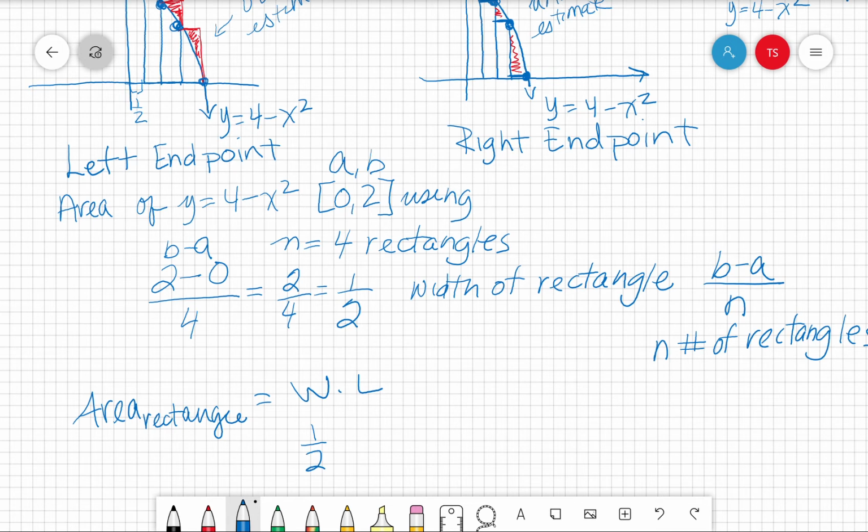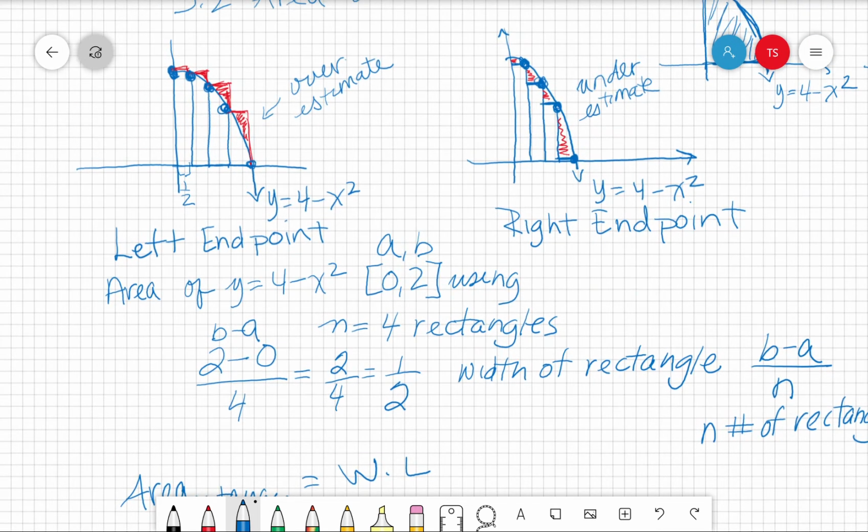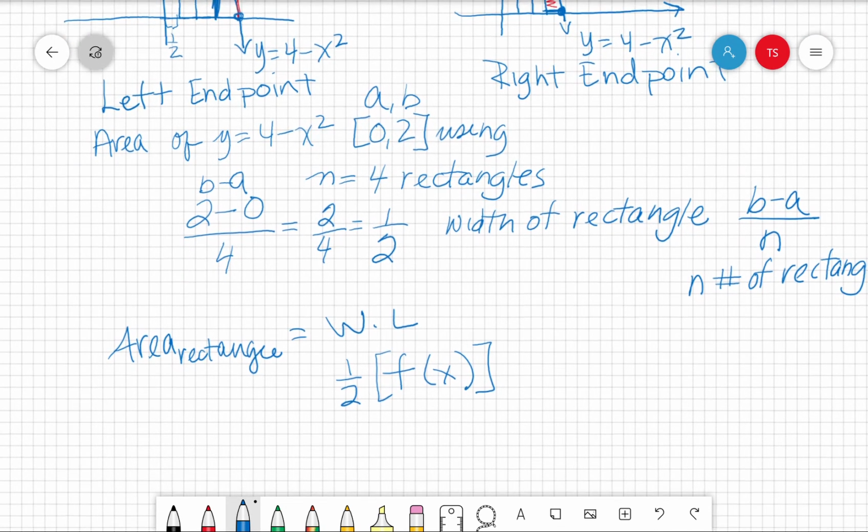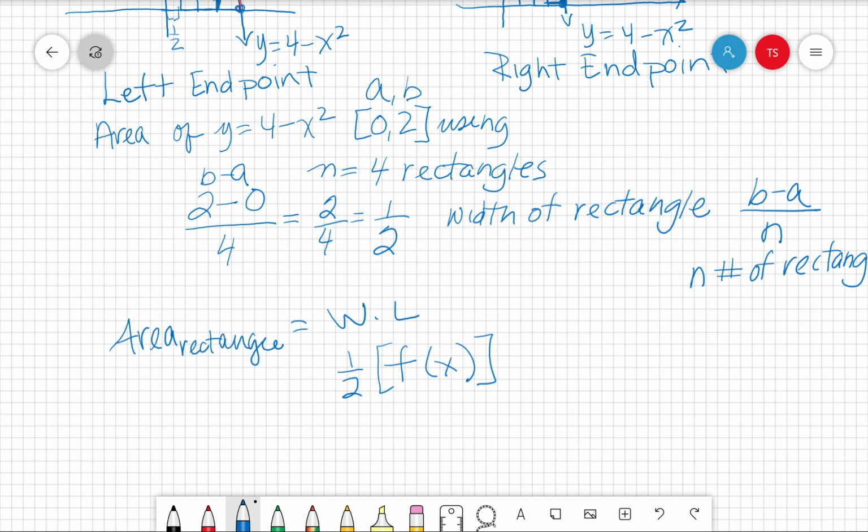The length will be the value of the function evaluated at that left or right endpoint. So that's going to be f of whatever value the left and right endpoint will be. And then we're going to sum all of those up. So we'll have 4 rectangles.